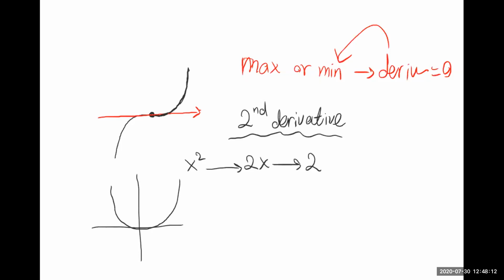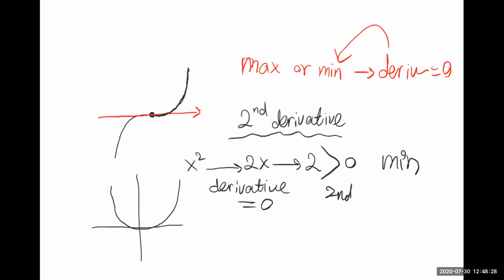In Calc 2, whenever the second derivative is positive, we would say it's a min. So if the derivative is 0 and the second derivative is positive, we would see a min. That's what we had for single-valued functions.